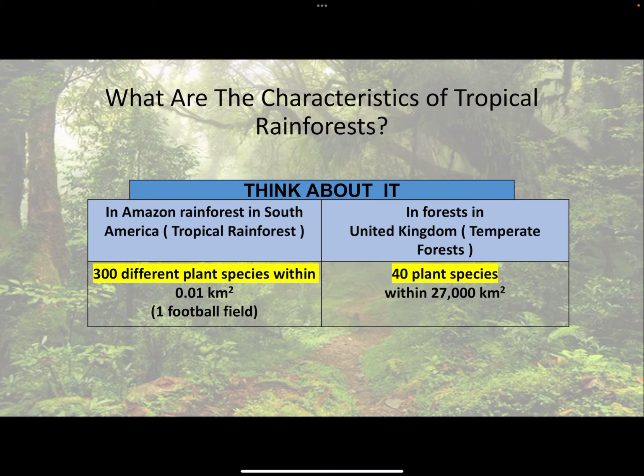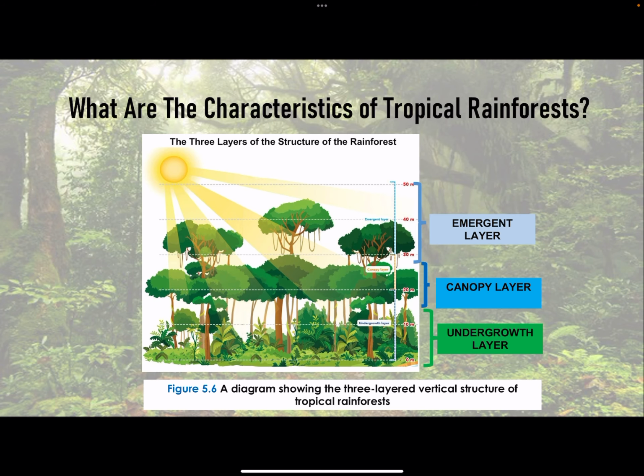Now bear in mind this is not the number of plants, this is variety of species. You may see a lot of plants in the temperate forest as well. However, please bear in mind that you will see the same plant repeat over and over again, unlike in the rainforest, where it doesn't repeat that much. So keep that in mind.